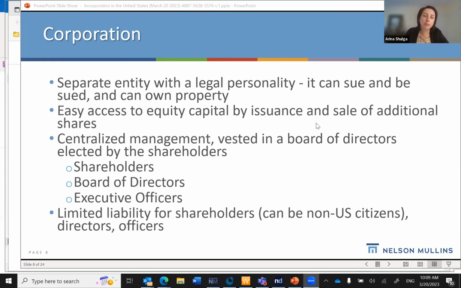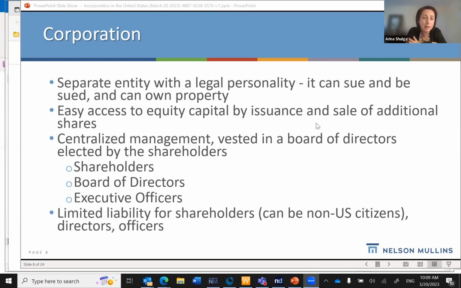So typically a small startup starts with maybe a 2- or 3-person board, and then the number can grow to over 10 over time, of course. Okay, so the board of directors has fiduciary duties of loyalty and care to the shareholders. And then the board appoints executive officers, meaning chief executive officer, chief financial officer, and so on.